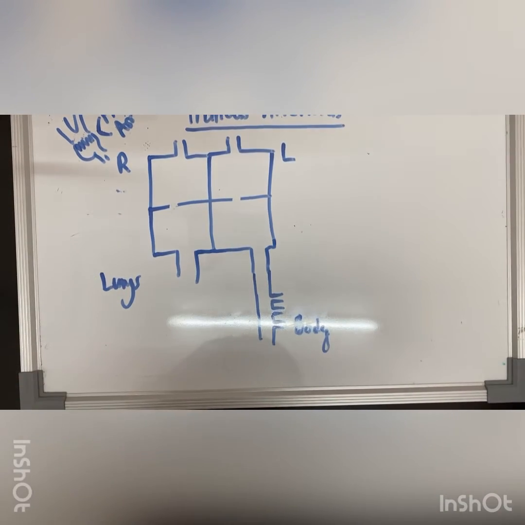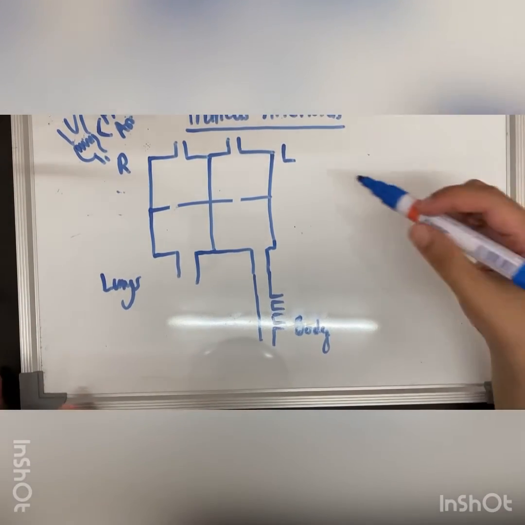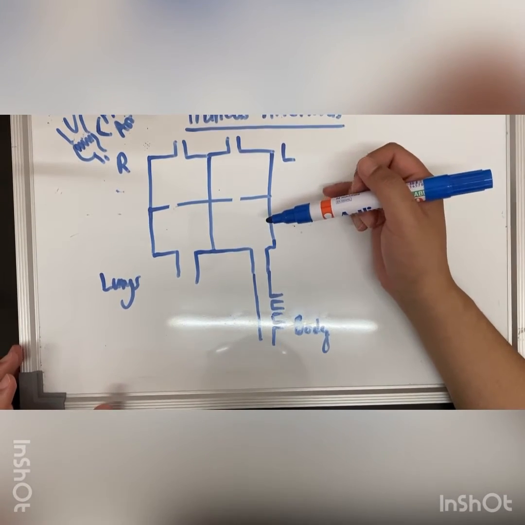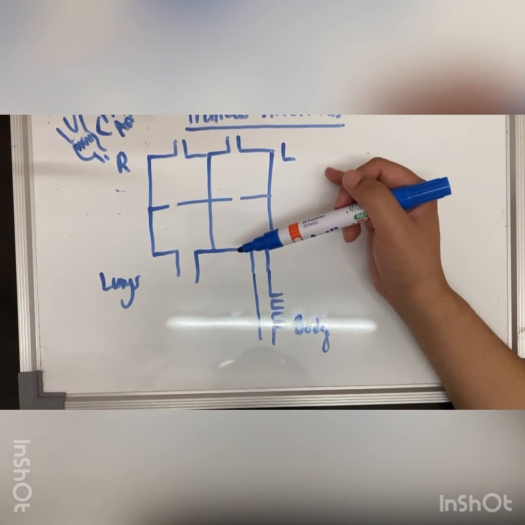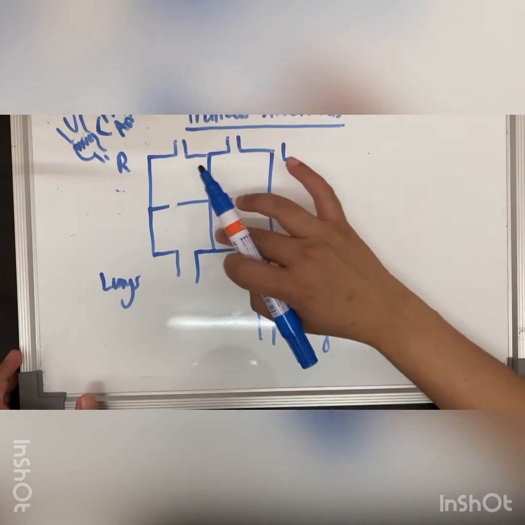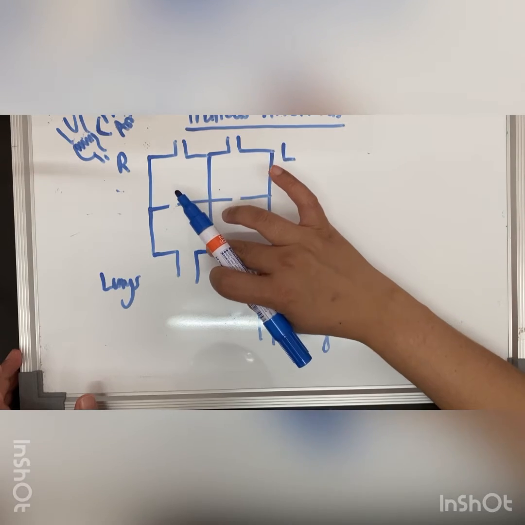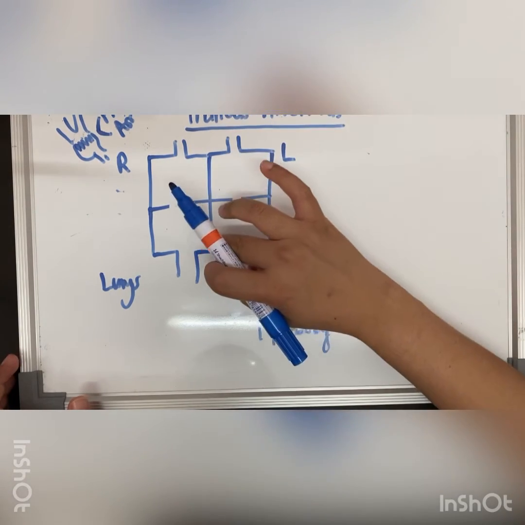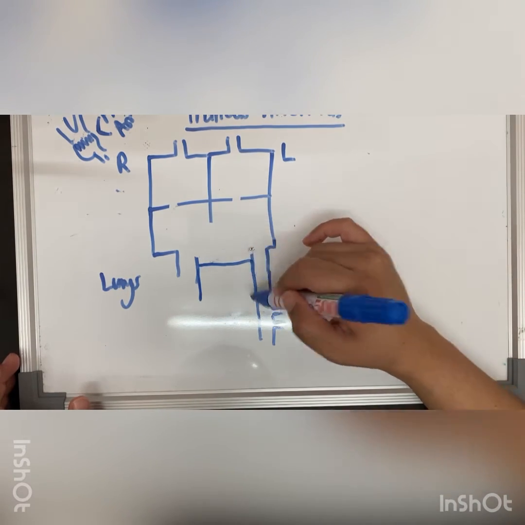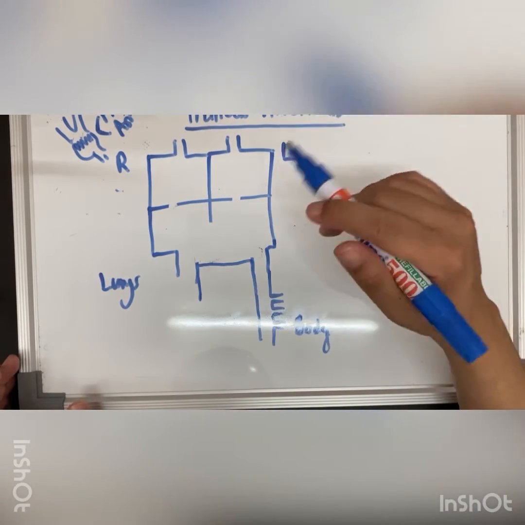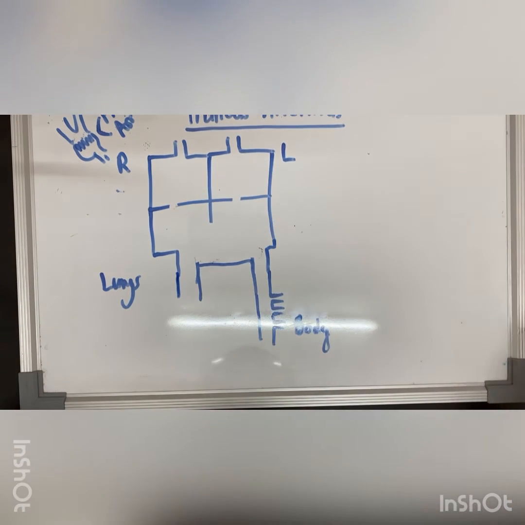But in Truncus Arteriosus, there is a failure of septation that occurs. Aortopulmonary septation. That means that the two vessels fail to divide. Thus, it will have one common vessel. So you will have just one common vessel that will have a mixing of deoxygenated and oxygenated blood.